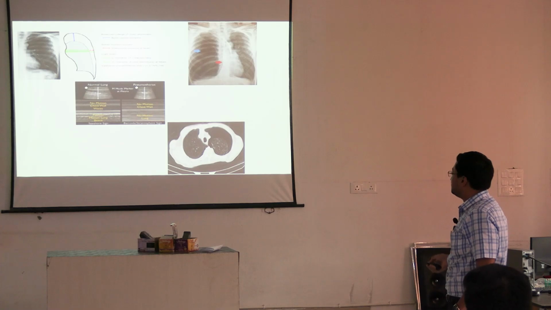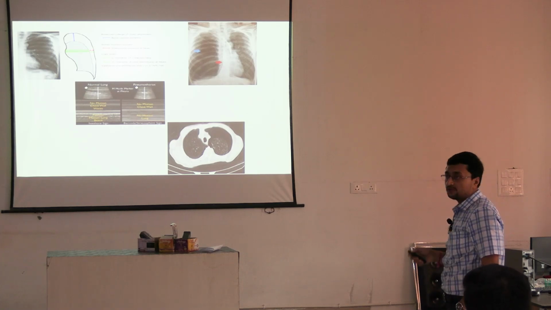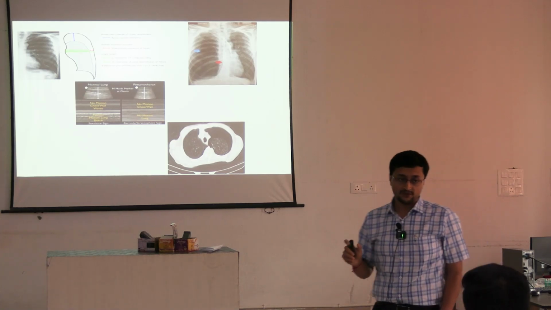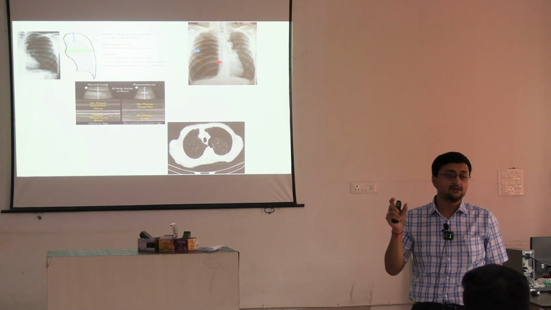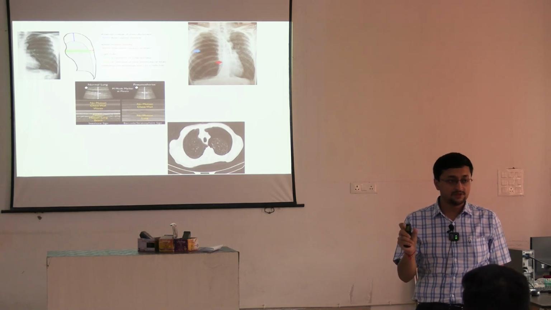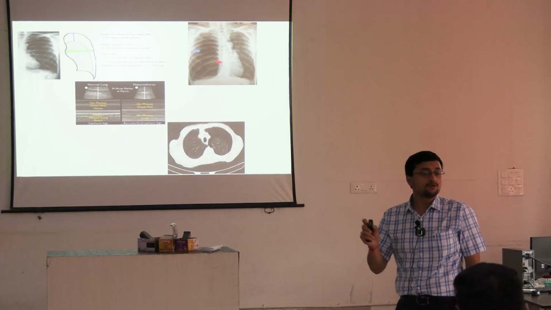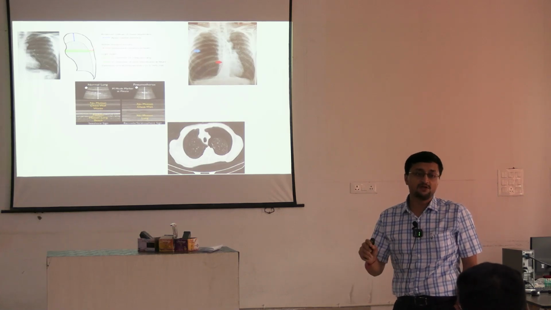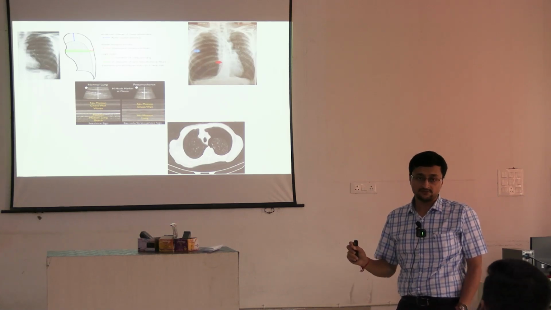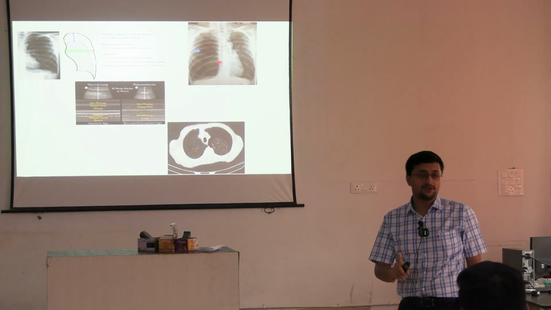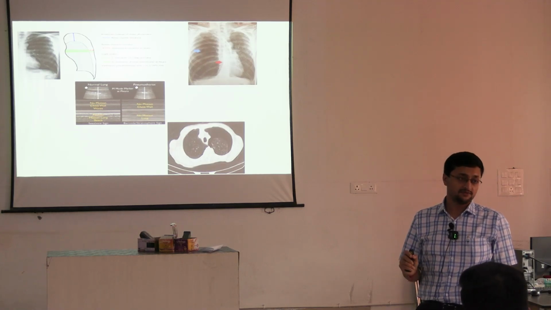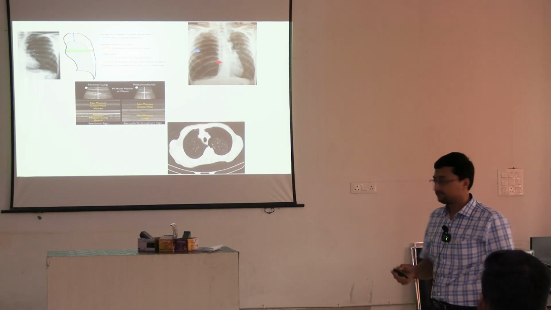And the most accepted one is the British Thoracic Society measurement. That measures the intrapleural distance, most probably at the level of the hilum. If this is more than 2 cm, this is called a large pneumothorax or significant pneumothorax. This is what you need to remember, more than 2 cm, okay, intrapleural distance.